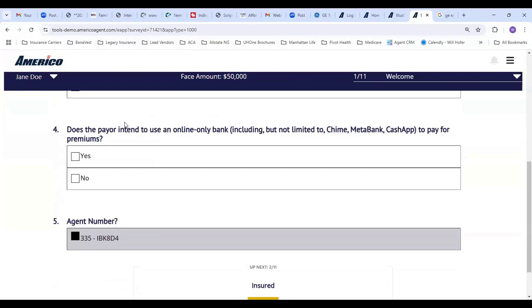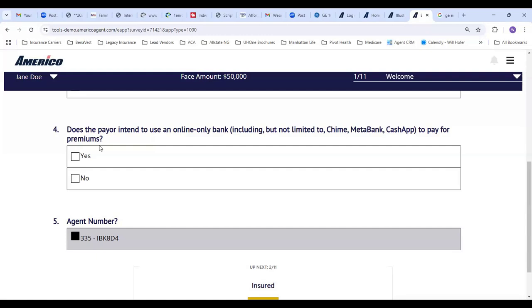Okay, I'm glad that Americo finally put this up. In the past, I've lost business with this company because nowadays you have a lot of folks who don't use traditional banking like Chase, Bank of America, banks like those. They use Chime, MetaBank, Cash App. So when you have a conversation with your client, if you're going to sell Americo, make sure they don't do debit or credit cards.